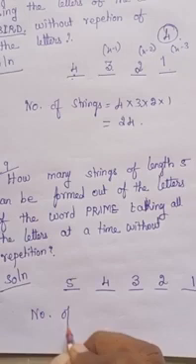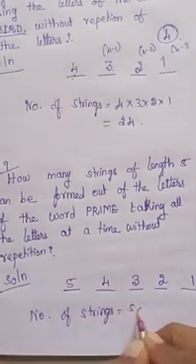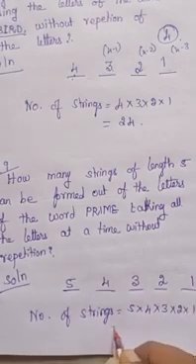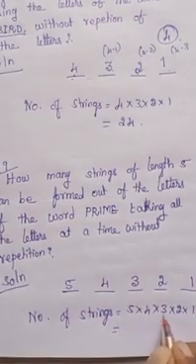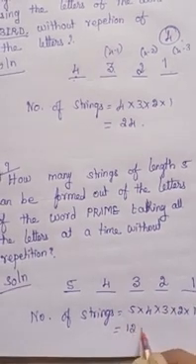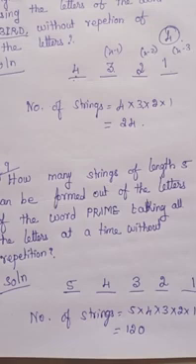So, number of strings is 5 into 4 into 3 into 2 into 1. So, 20 into 3, 60. 60 into 2 is 120. See, in the next classes also we are going to use these methods in different ways.